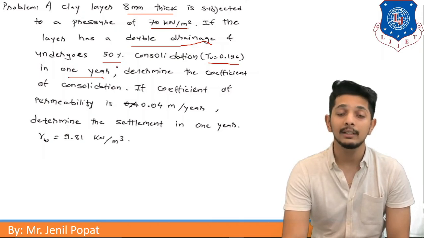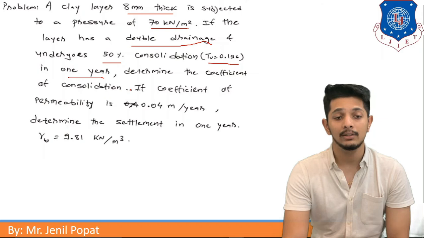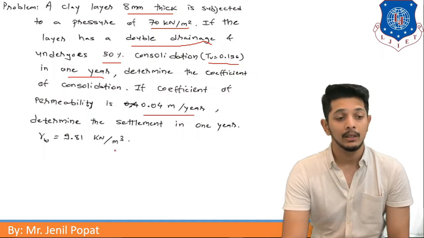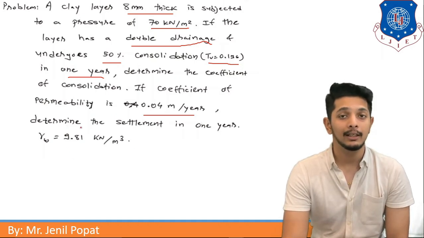So here time period is given, TV is given, and U percentage is given. So determine the coefficient of consolidation. If coefficient of permeability is 0.04 meter per year, determine the settlement in 1 year. And gamma W should be taken as 9.81 kilonewton per meter cube.